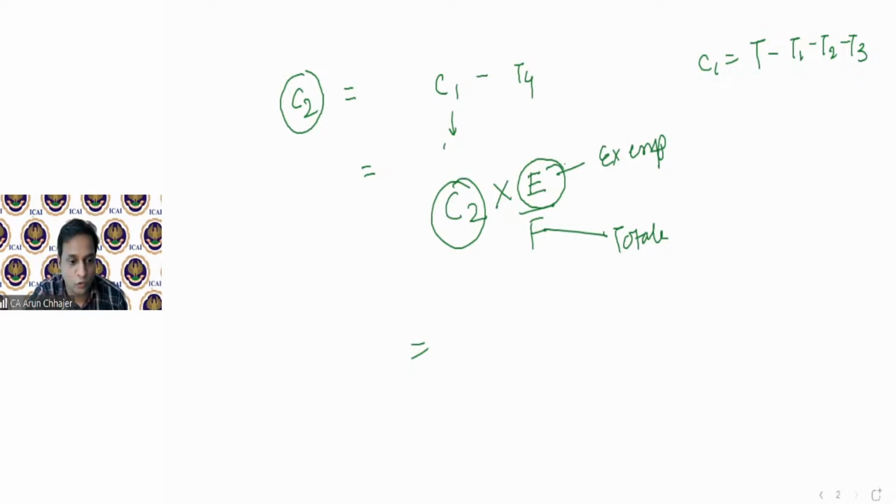So the total sale, how much? I have to see the total sale. Intrastate, what is the amount? Intrastate 45 lakhs. Correct? Interstate.